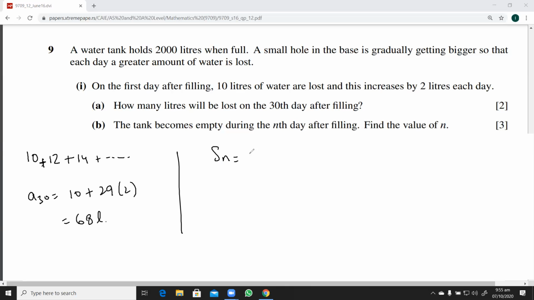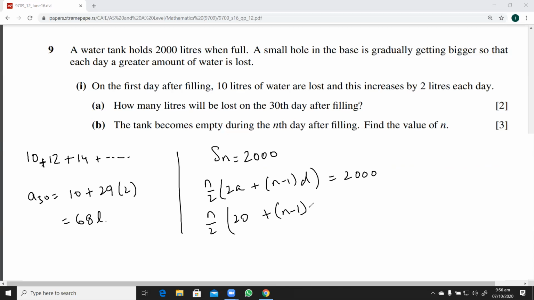So this sum of the leakages should be equal to 2000, and then you put your formula here: n over 2 into 2a plus n minus 1 into d, that is equal to 2000. We have to find this n. This is 20 plus n minus 1 into 2, equal to 2000.